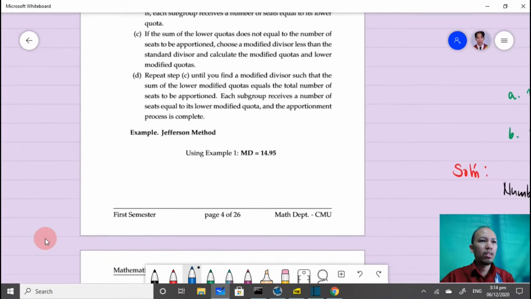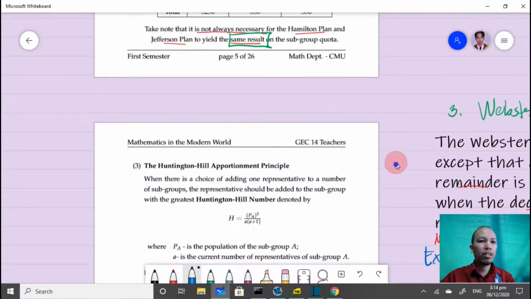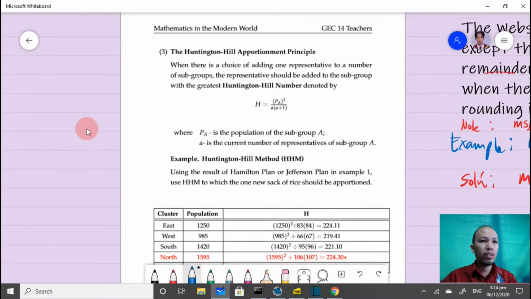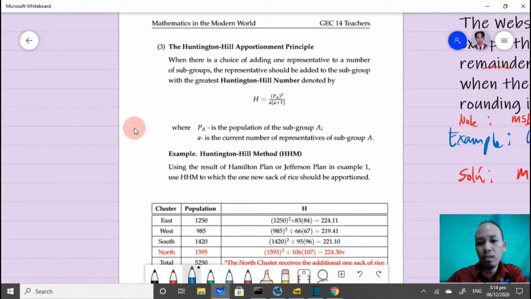This is how you are going to compute the relative unfairness of apportionment.